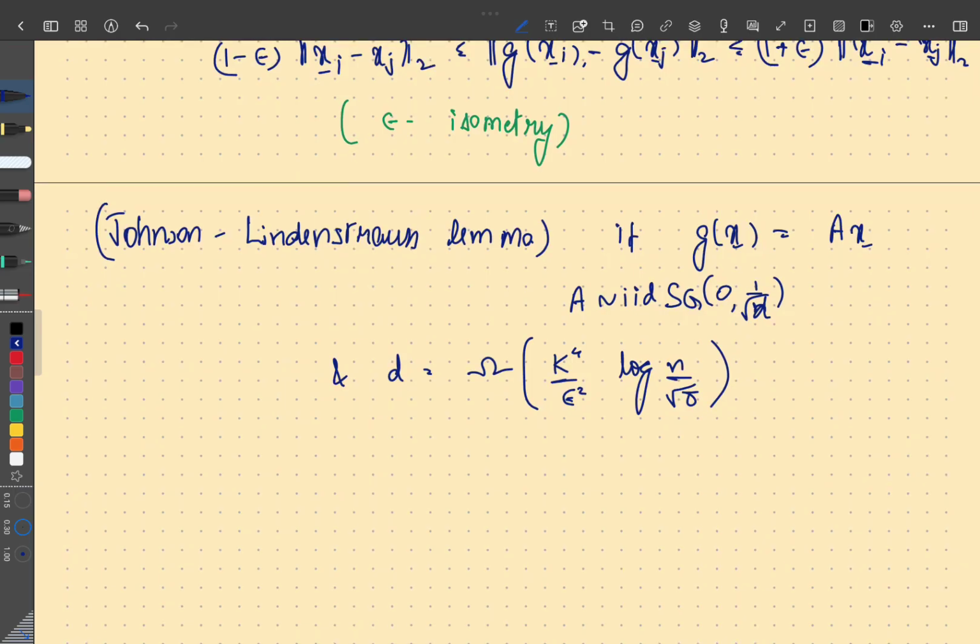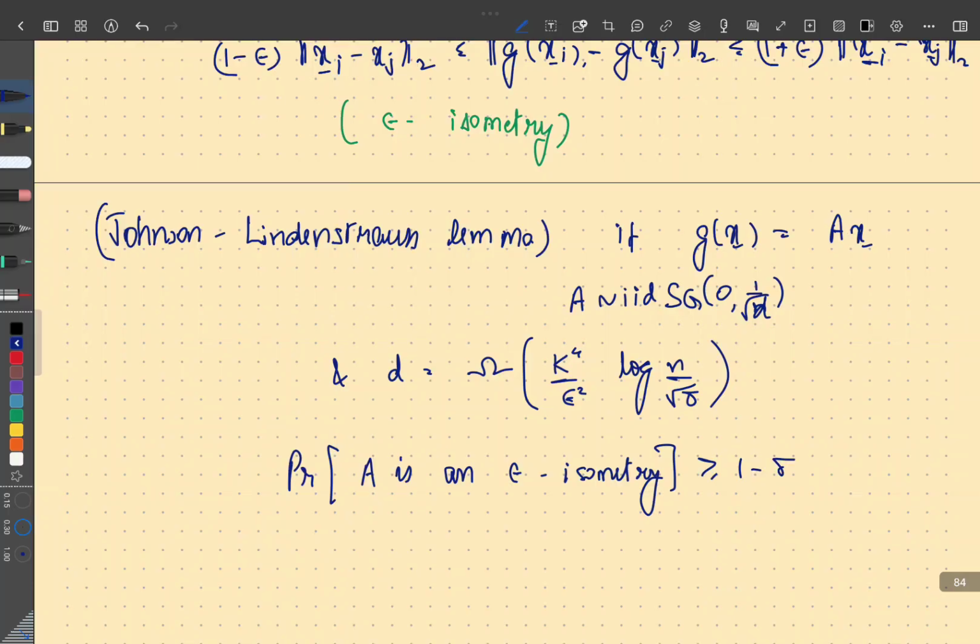So basically I choose a little d that is completely independent of capital D. Capital D could be really large, but the dimension I'm projecting down to is much smaller, and it's independent of capital D. It depends on n, but is independent of capital D. The probability that A is an epsilon isometry is at least 1 minus delta.